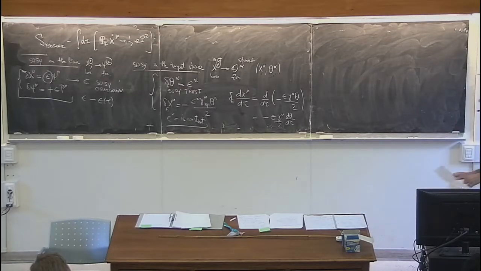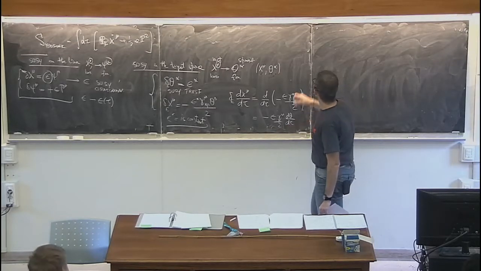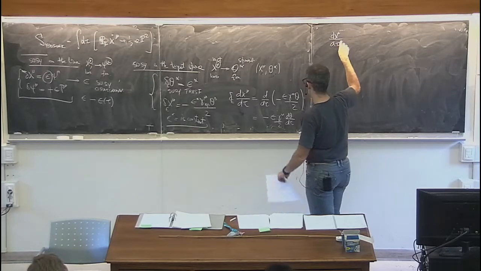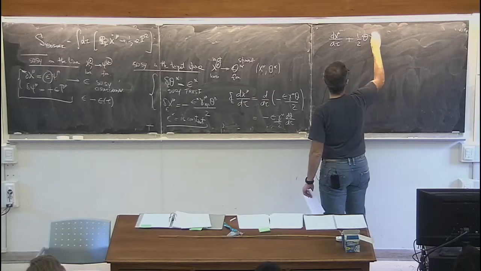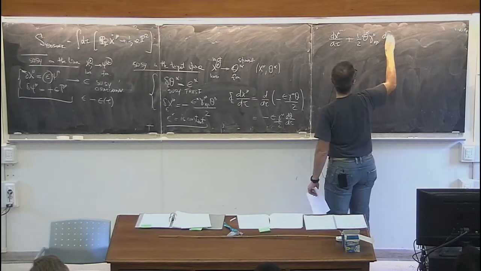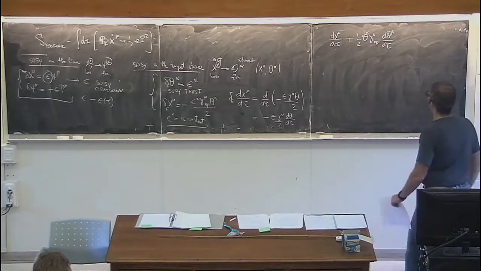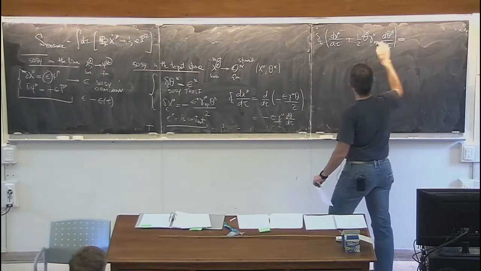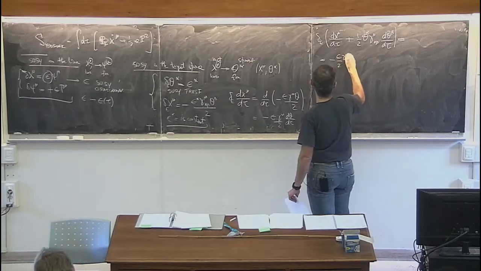Okay. Now, you see that I can cancel these terms by adding to this expression something like a half theta gamma mu d theta d tau. Let's perform a supersymmetry transformation of this expression. This gives you exactly what I got before, over 2 gamma mu of d theta d tau.